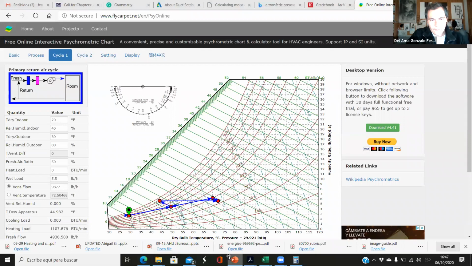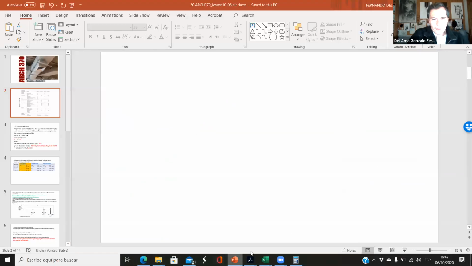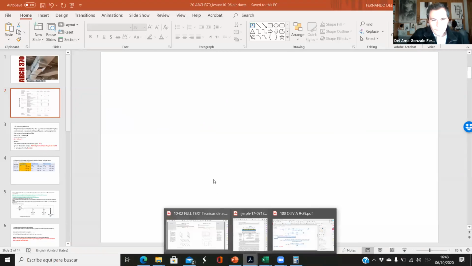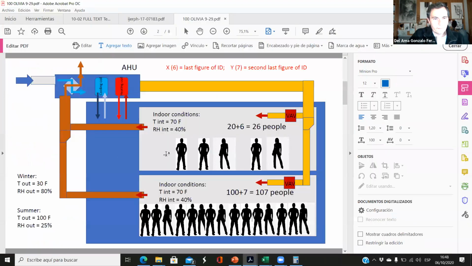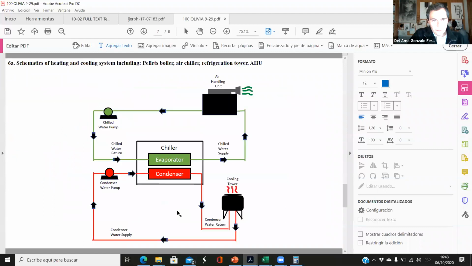But now we have to calculate. So on this assignment, we have calculated the airflow. We have calculated the power of the cooling and the heating coils. And we have connected this heating coil either with a ground source heat pump or with a, by the way, the heating coil, one of the options, it's not there.